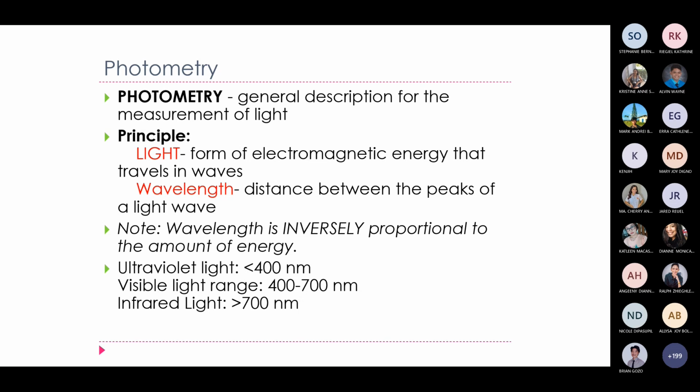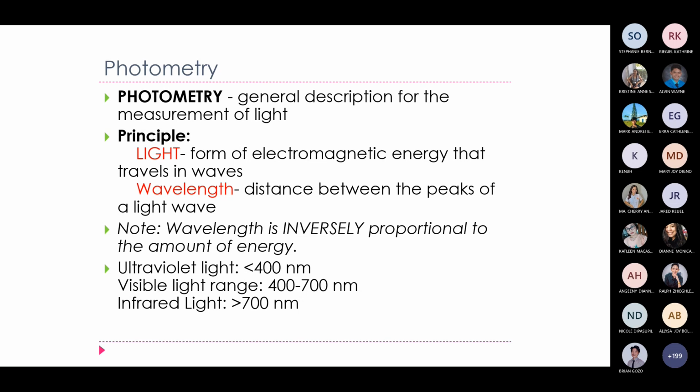So kung i-illustrate natin yan. Okay, so for example, this is the wave, no? What do you call to the top part? Anong tawag dito? Crest po. Peak. Okay, what about the lowest?